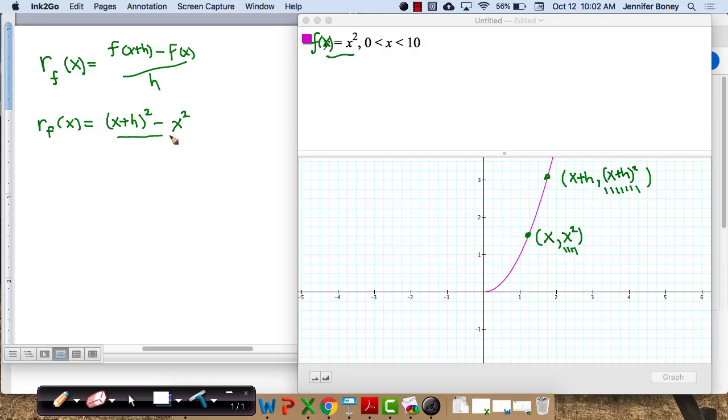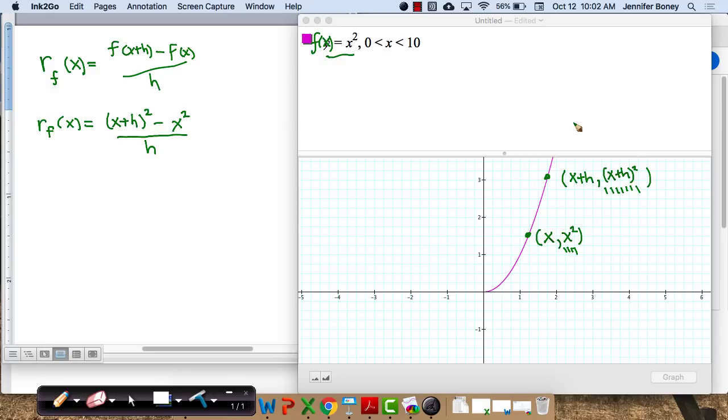And then the denominator is just h, x plus h minus x is h. So here's an expression for specifically this parabola, this squaring function's rate of change function. This is a formula already. This is a function rule already. It's perfectly fine. It has a parameter of h in it.